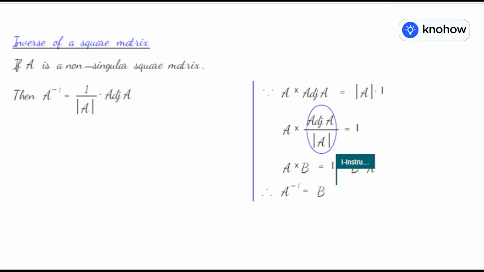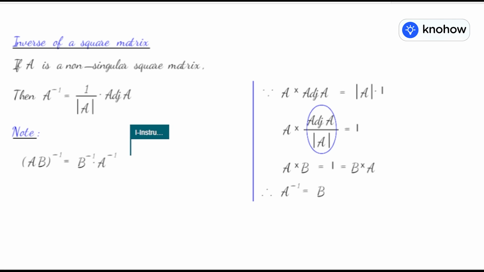Now please make a note that AB inverse, that is the inverse of product of two matrices A and B, the square matrices of the same order, is the product of their inverses in reverse order. You had a similar result for transpose also, if you remember that AB transpose is B transpose into A transpose.